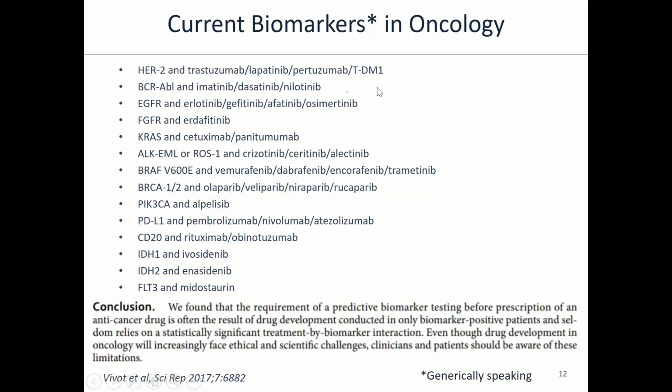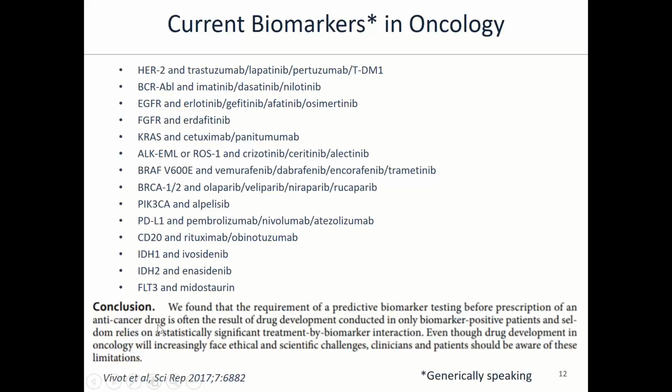I don't need to go into every single one of them, but these are the ones that are out there for treatment selection based on, let's say, label indications. So this is another type of information I'm showing here.